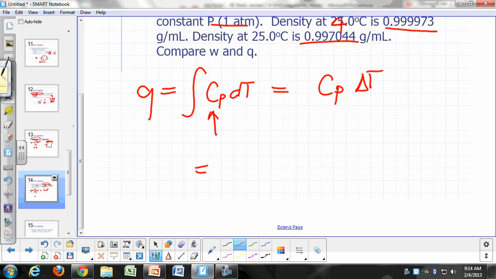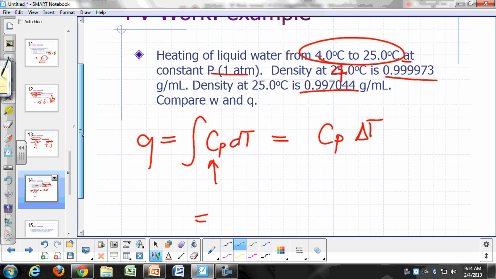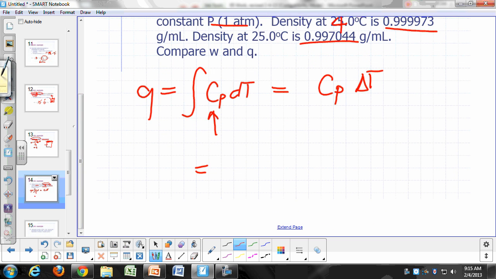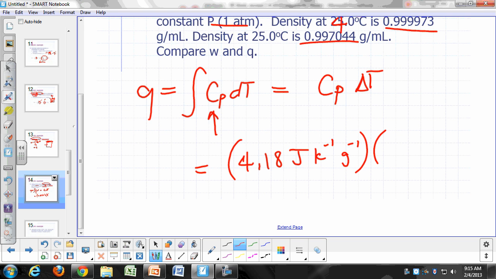What's Cp for water? Let's just do 1 gram. Cp for 1 gram is 4.18 joules per Kelvin per gram, right? What's our delta T? 21 Kelvin, 25 minus 4. It doesn't matter.